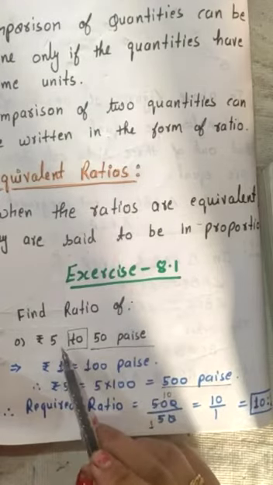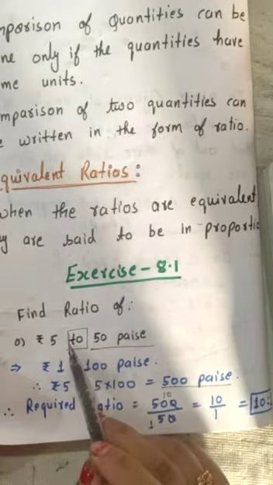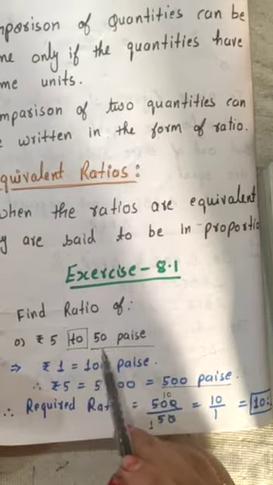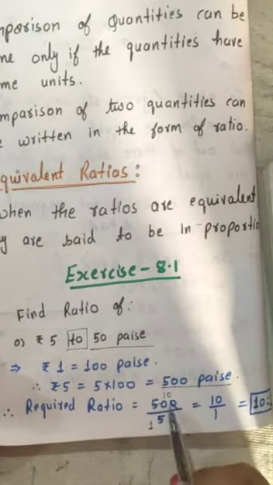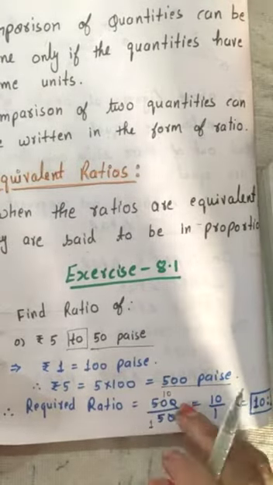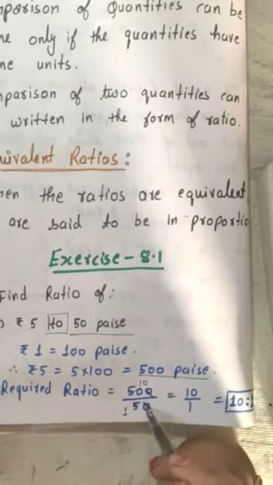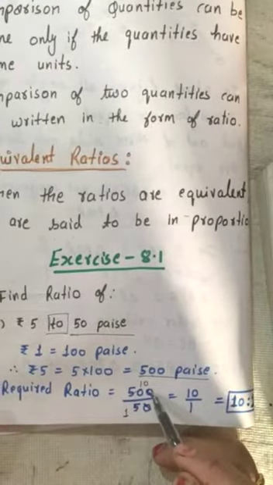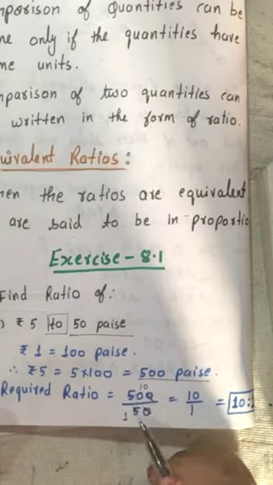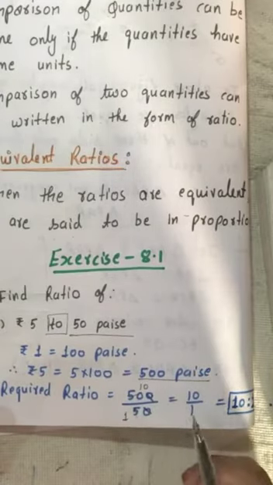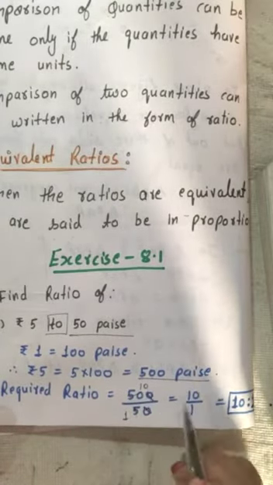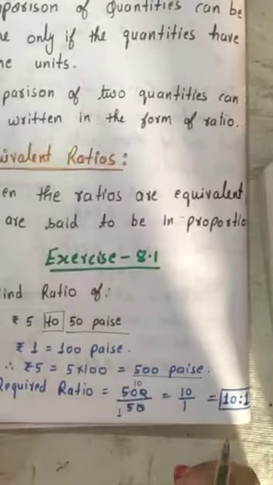So you will write 500 upon 50. Then you cancel: this 0 and this 0 cancel each other. What remains is 50 upon 5. 5 1s are 5 and 5 10s are 50. So the answer is 10 upon 1.